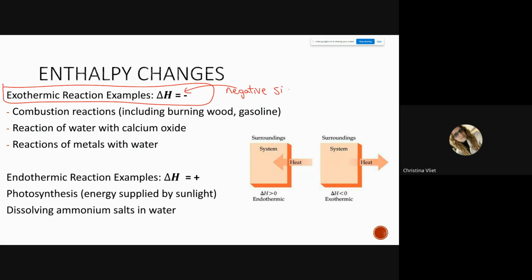Whenever you have an exothermic reaction where heat is being released, we describe that as a negative change in enthalpy because the system is losing energy. So what that really describes is the system is losing energy to the surroundings. You may want to write that out. System loses energy. That's why we say it's a negative sign.